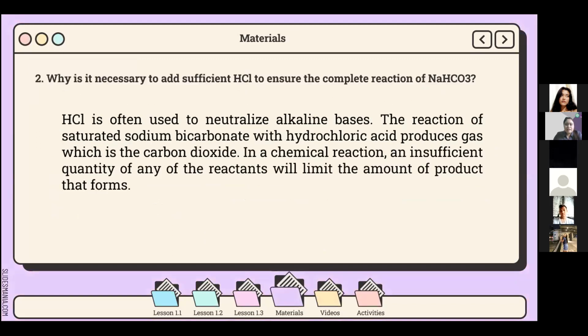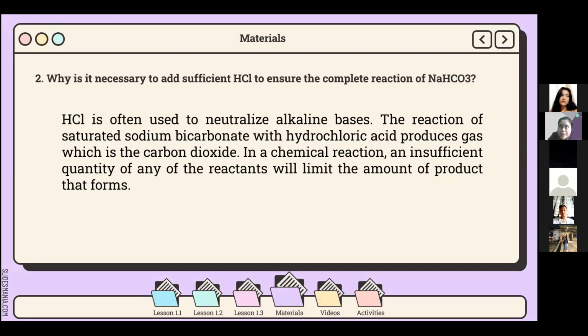Why is it necessary to add sufficient hydrochloric acid to ensure the complete reaction of sodium bicarb? Okay, sige, very good. An insufficient quantity of any of the reactants will limit the amount of the product na mafo-form. So tama yan siya.